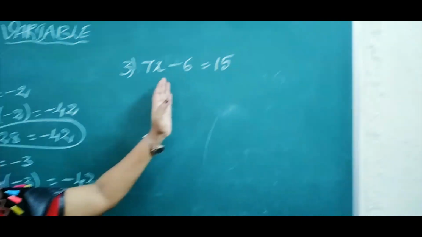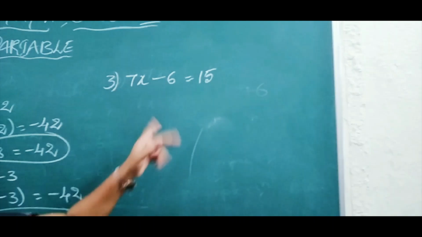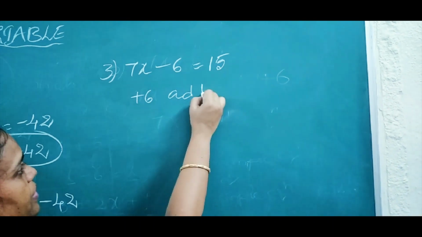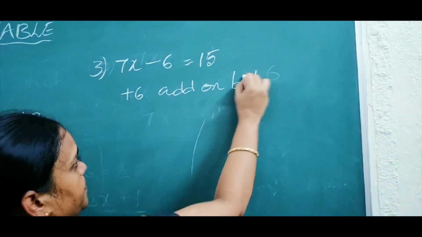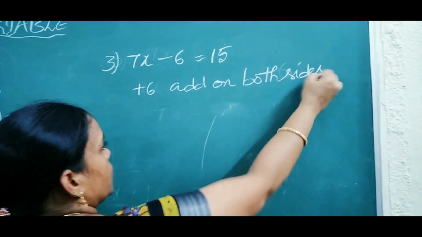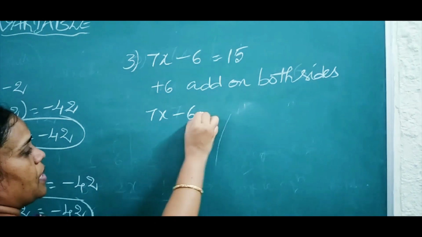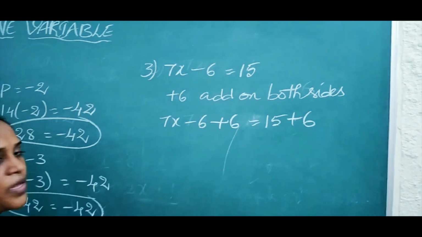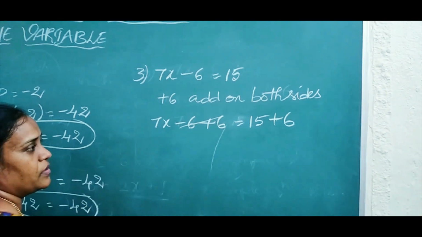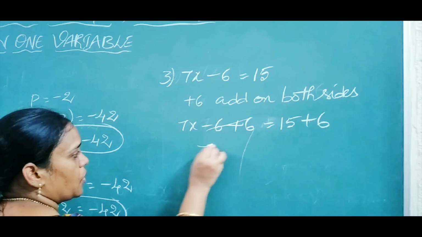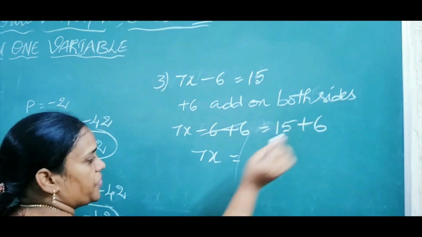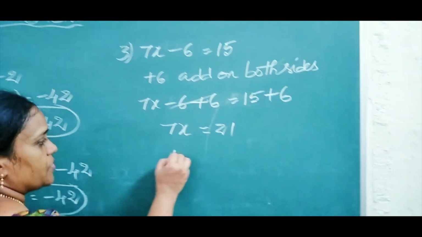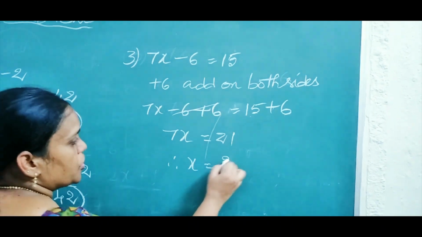So on LHS and RHS, you take the same value, plus 6, added on both sides. What do we get? 7x minus 6 plus 6 is equal to 15 plus 6. Now plus 6 and minus 6 cancel because that value is 0. So remaining, 7x is equal to 15 plus 6, which is 21.